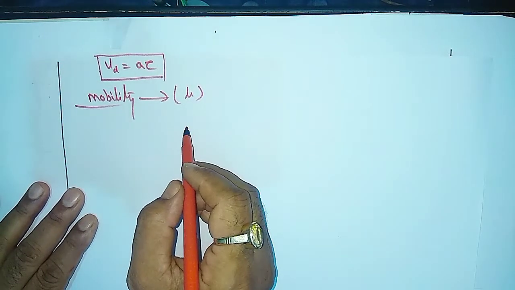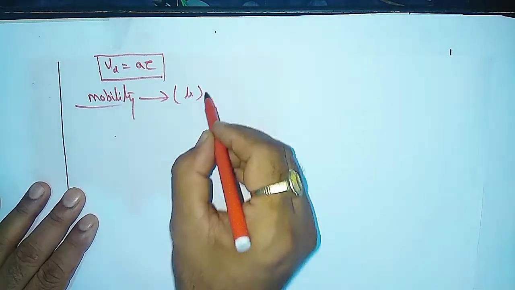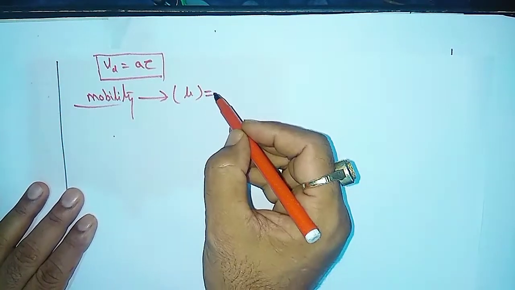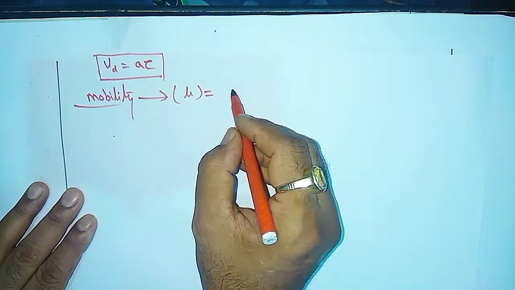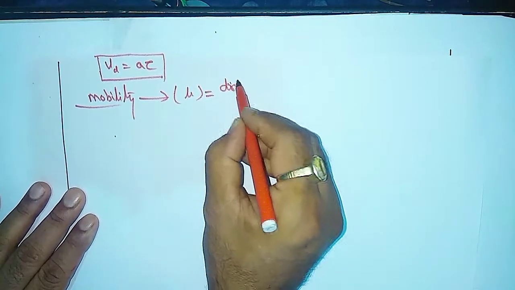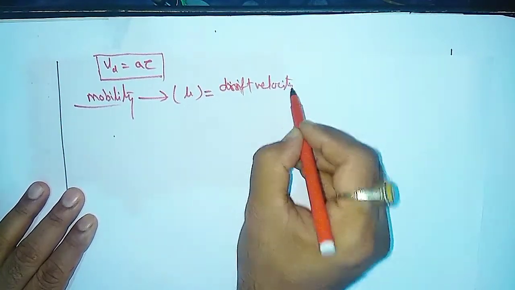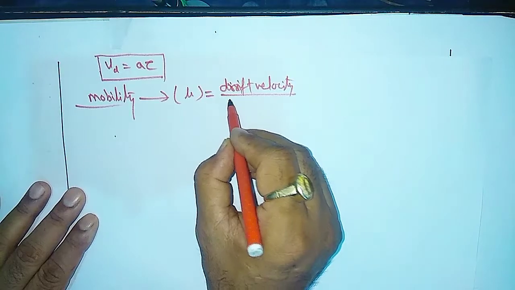Actually, mobility of the electron is defined as the ratio of the electron drift velocity Vd and the electric field.